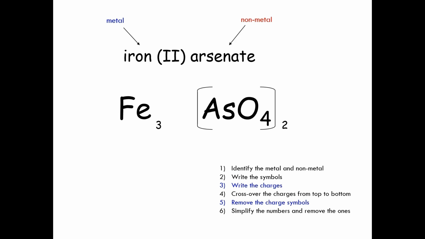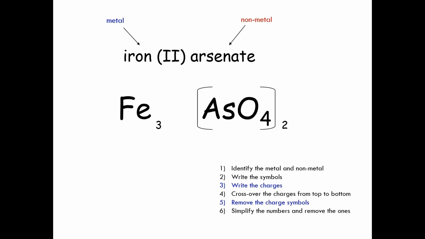Now, I must make it crystal clear. The numbers that are to be simplified are only the numbers that came from the charges. The numbers within the brackets are never simplified. They are never touched when writing out a chemical formula. And so these numbers are never ever included when simplifying for a chemical formula.